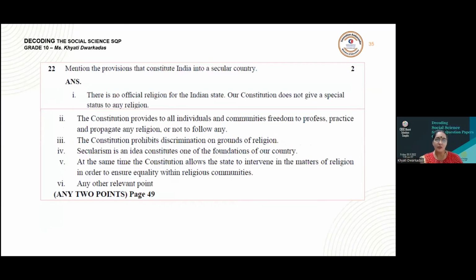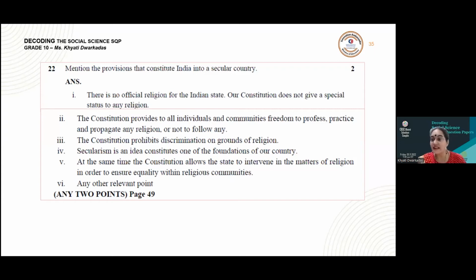Look at question 22. Mention the provisions that constitute India into a secular country. It's 2 points that they are writing in the answer key, not in the question paper. In the question paper, they do not say write 2 provisions. It is a direct question for 2 marks.